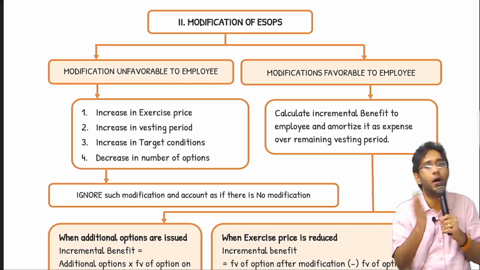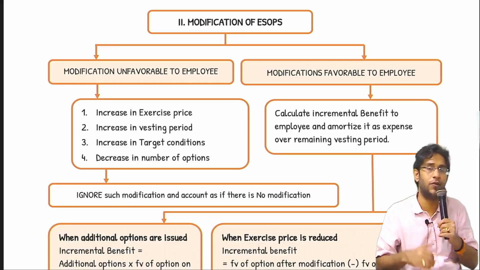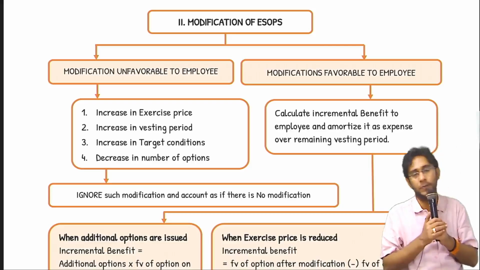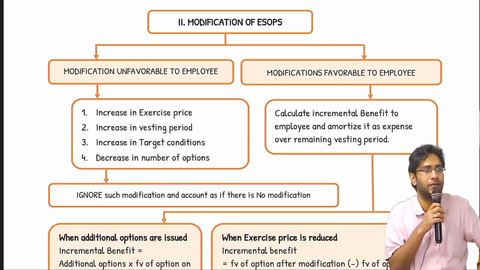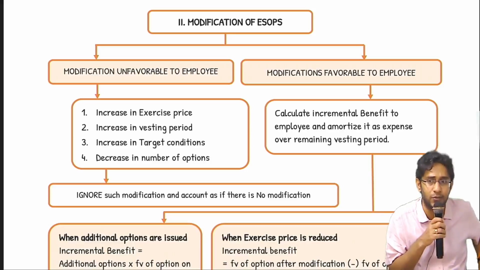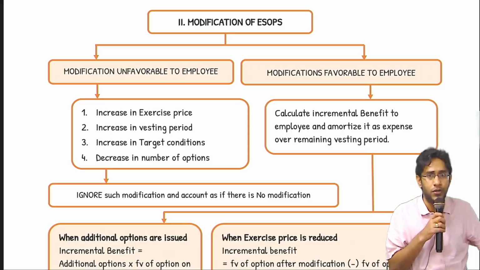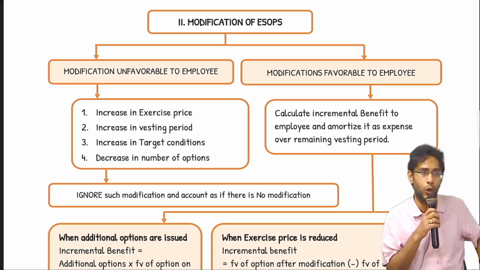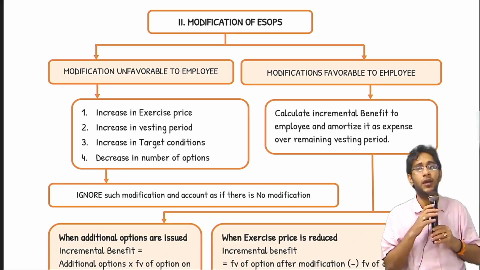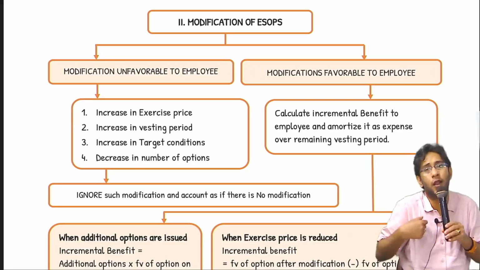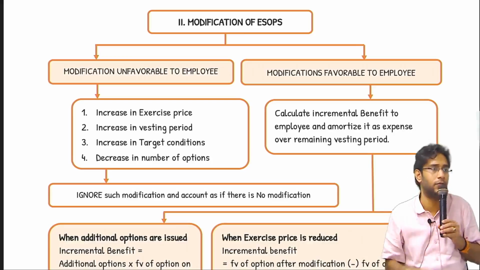Clear, sir? Other case, modifications which are favorable to the employee, like the company may decrease the exercise price. Sir, why should the company decrease the exercise price? Sir, I gave you options, but subsequently our company has not been doing well. Share price has fallen down. When share price in the market falls down, employees' love for the options will come down.